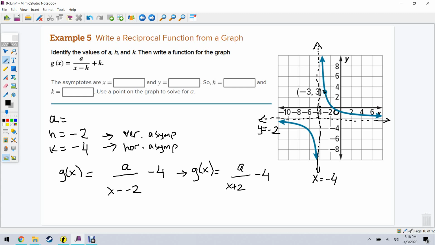The asymptotes, we said that, right? That's x is equal to -2. And this is, I'm sorry, this is the other way. X is equal to -4 is the vertical asymptote, y is equal to -2 is the horizontal asymptote here.